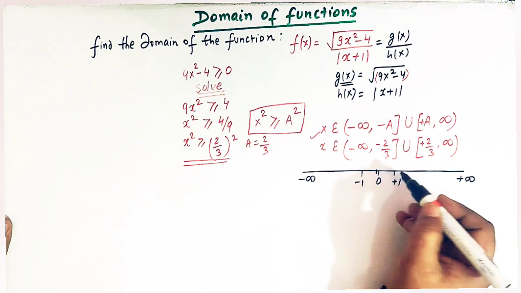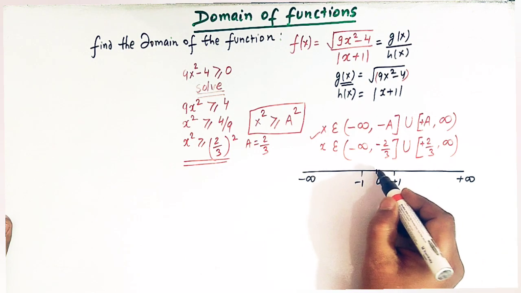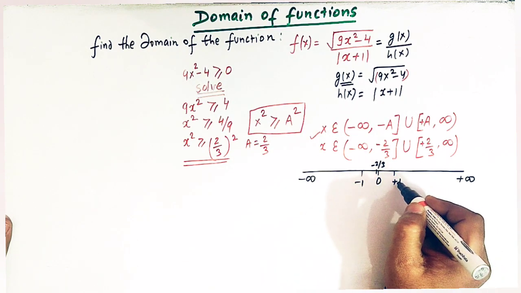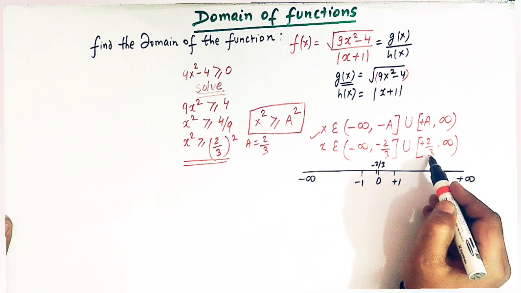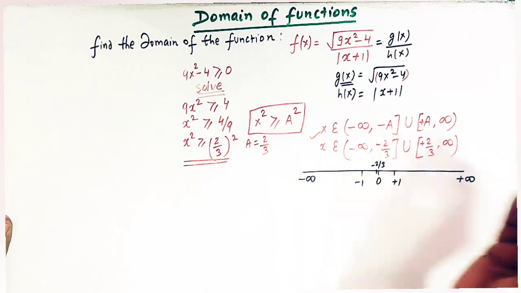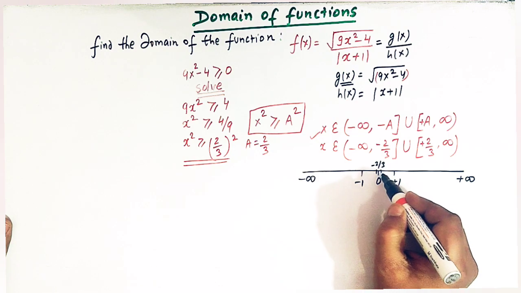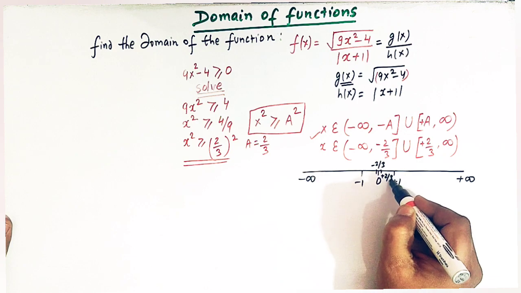So here we have minus 2 by 3, and plus 2 by 3 lies towards the right of 0. So here we have 2 by 3, that is plus 2 by 3.